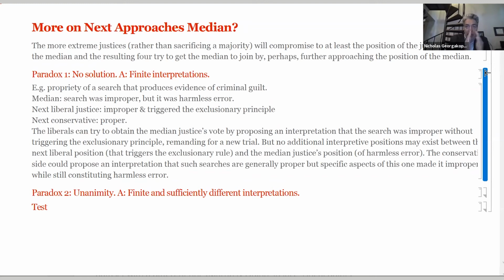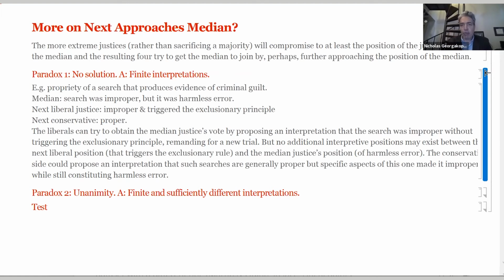But there's no additional step in between that and agreeing with the median justice. On the other side, the conservatives can propose an interpretation that the search was improper, but only under these circumstances, and generally such searches are proper. So essentially, concede a little ground toward the median, but not touch the median.